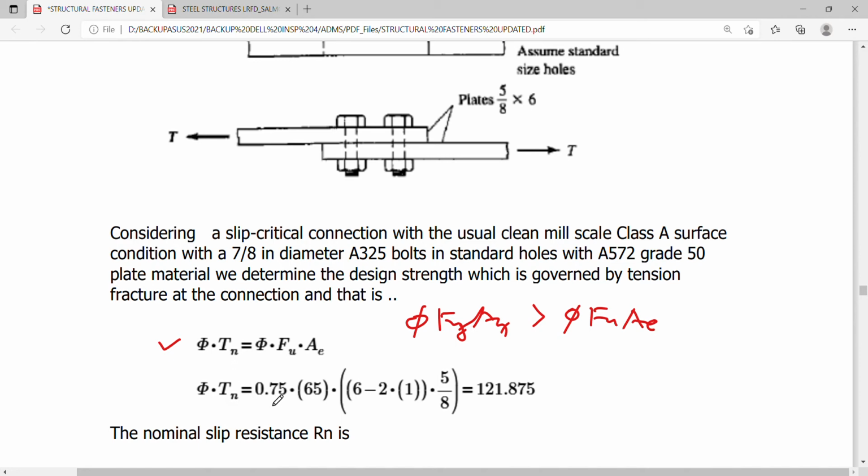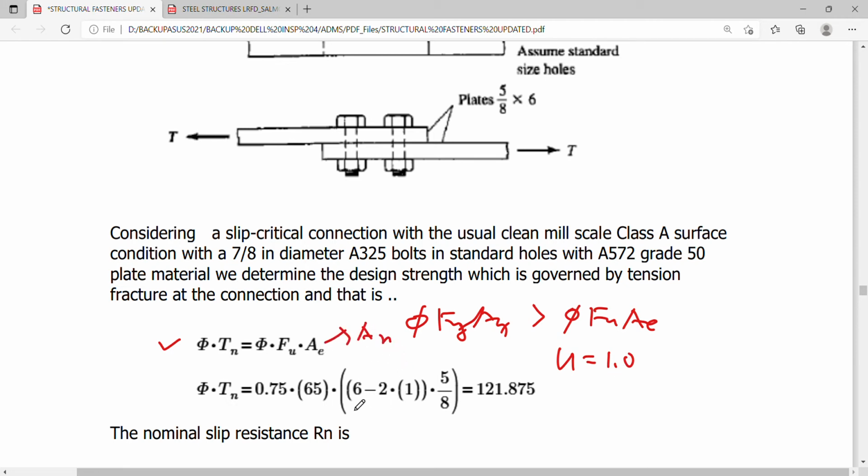So φTn is then 0.75 times 65, multiplied by the effective area. There are no staggers. This is a plate, so your shear lag factor is simply equivalent to 1. You don't have to worry about it. Therefore, your Ae and An are simply the same.